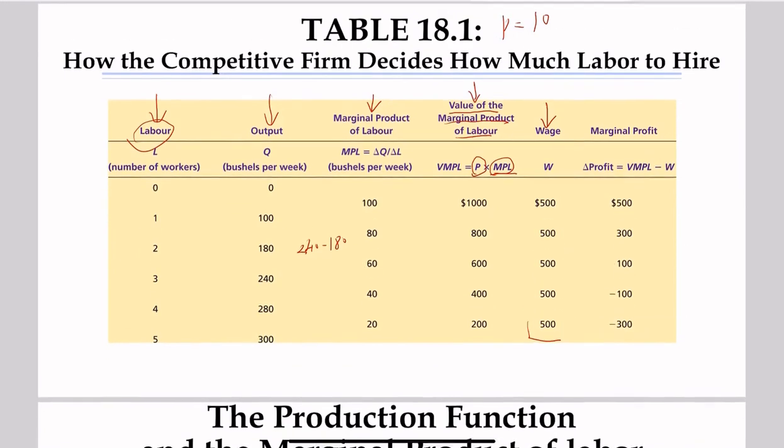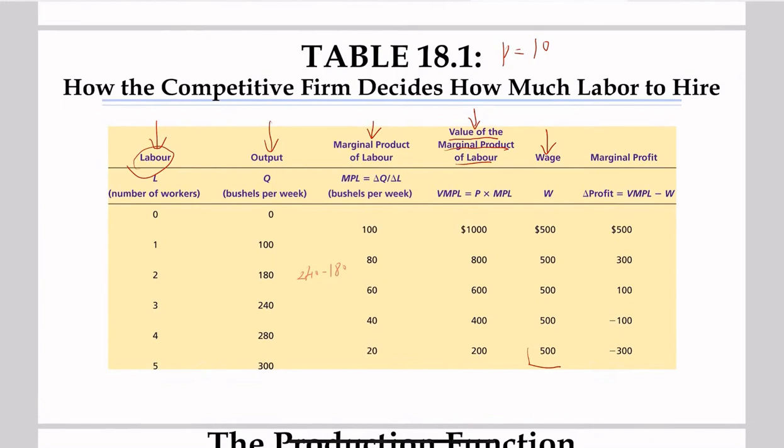Right, so let me first remove these confusing marks. Now, what you can see here is as you increase the number of workers from 0 to 3, you can see that the marginal profit always increases.